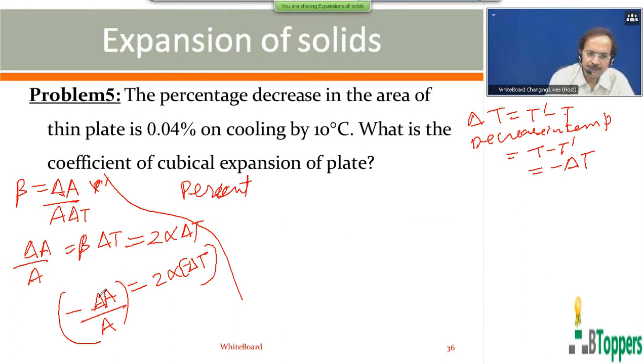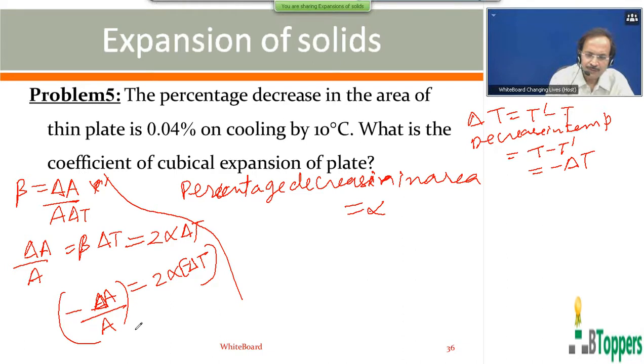So delta A is the change in the surface area of the plate. So minus delta A is the decrease in the surface area. Therefore, the percentage decrease in the surface area of the solid can be written as follows.